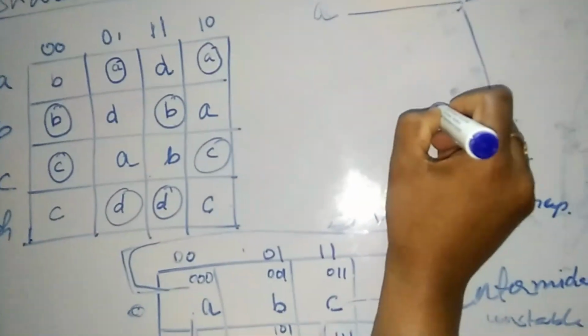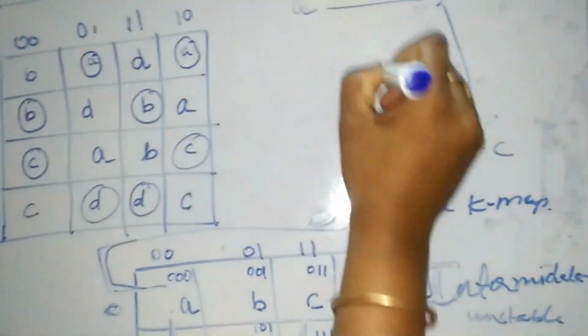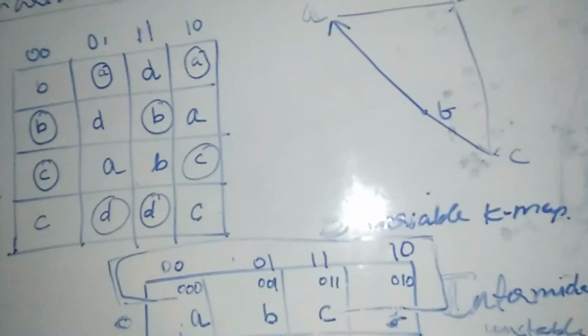So from C to A, I'll have an intermediate state F, and then it goes to A, correct?